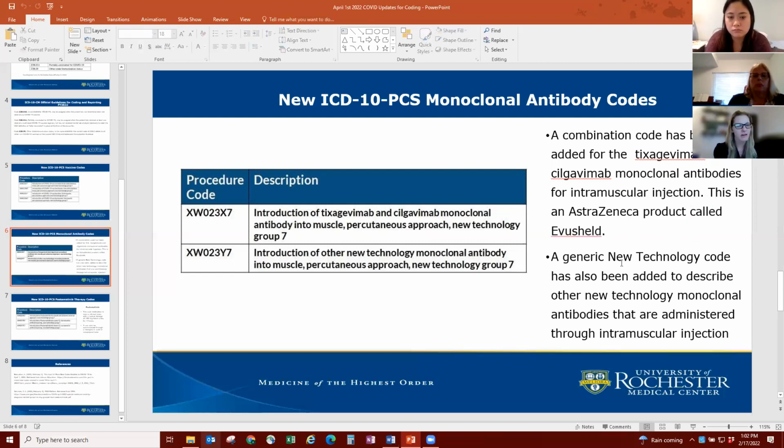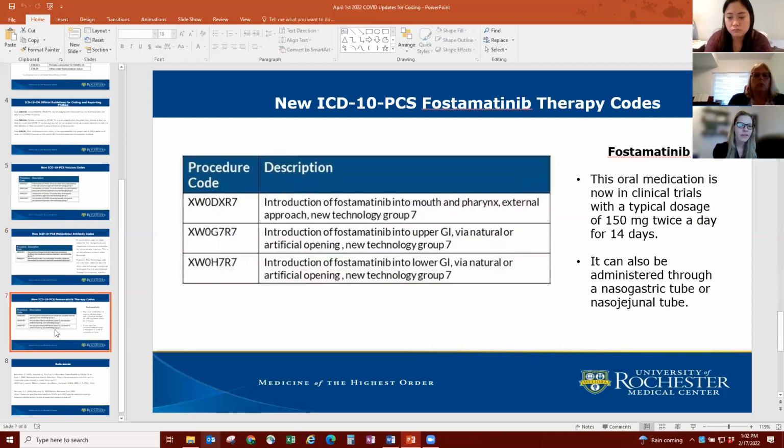Some people may have heard of that. And then this one, Fatisimanib, I think is how you say it. So this is a whole new medication. It's actually an oral medication that can be taken.